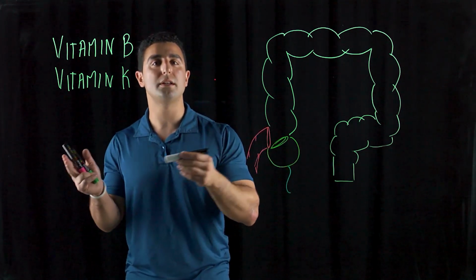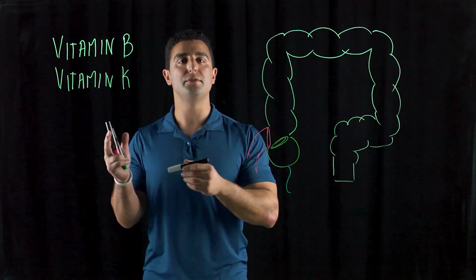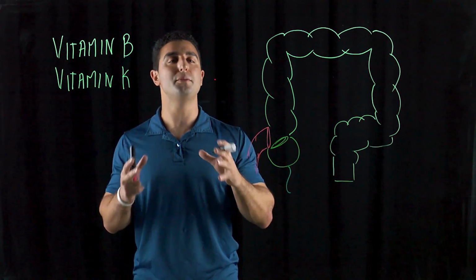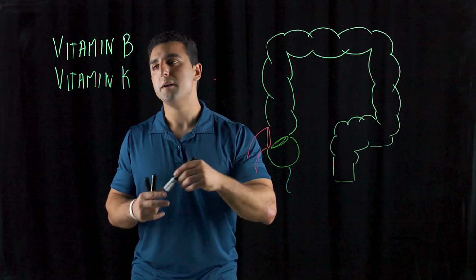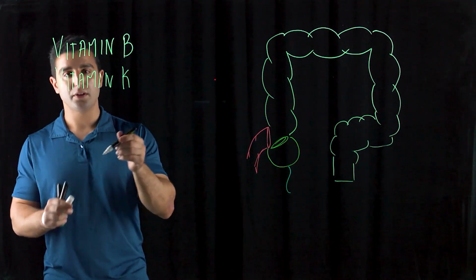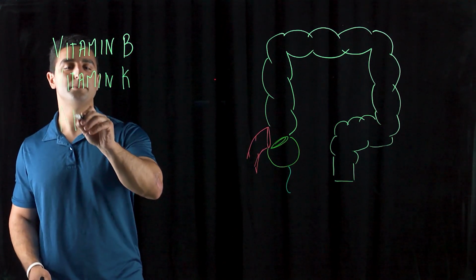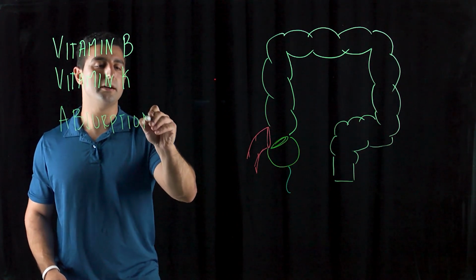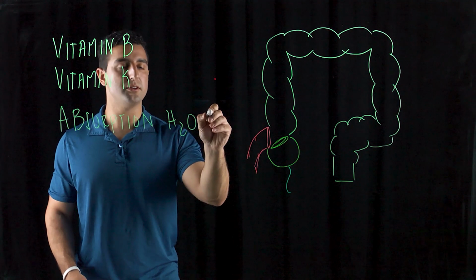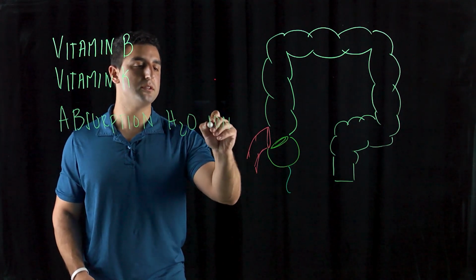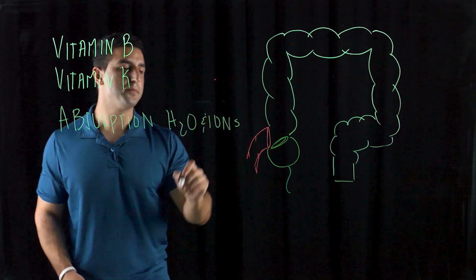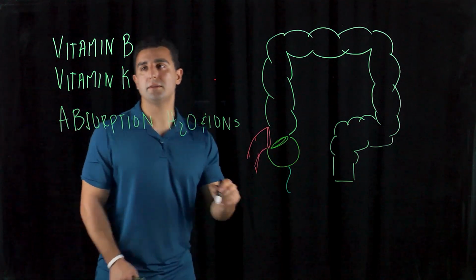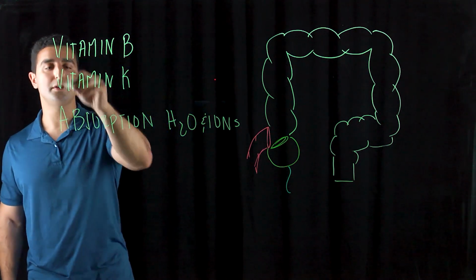So there's absorption of these different materials, and now you have this fecal matter that's being produced. So after the production of vitamins, we say absorption of water. So water and ions, H2O, and certain kinds of ions, sodiums, potassiums here.